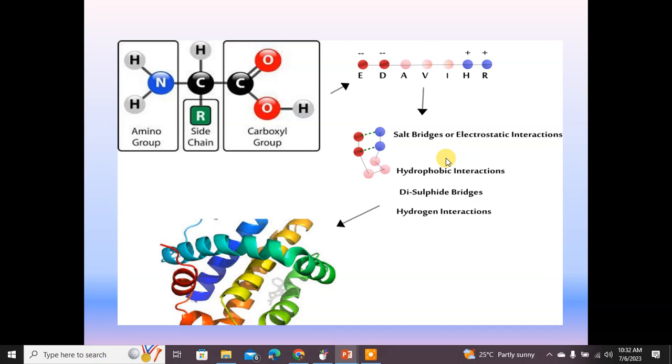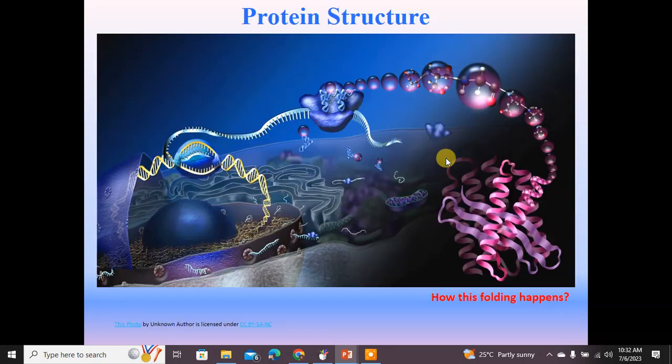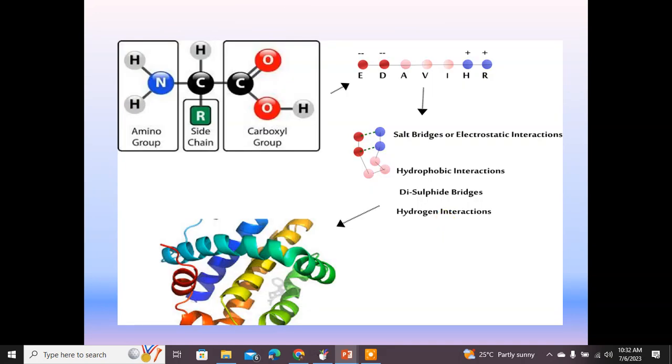So how does this structure fold basically to take this kind of structure? Many factors are included, and all these factors are because of the R group, for example, the charges contained by the R group. If you see this example, E and D, glutamic acid and aspartic acid, have a negative charge, but H and R, histidine and arginine, have a positive charge.